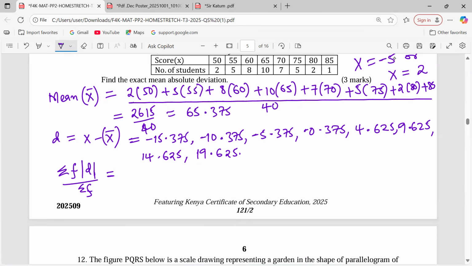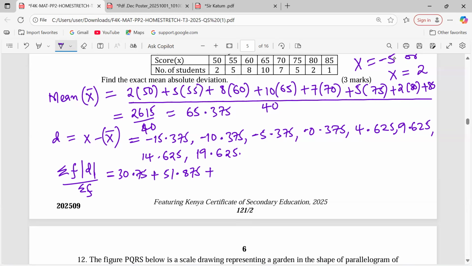So, absolute means you ignore the sign now. 15.375. How many students are having that deviation? 2 of them. So it will be 30.75 plus 10.375 times 5 students are having that.